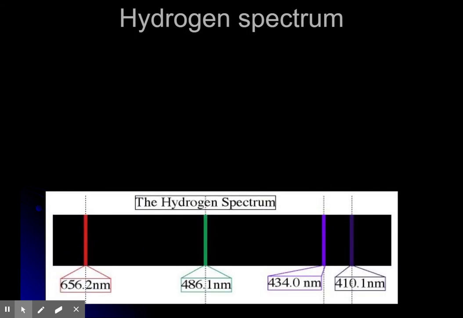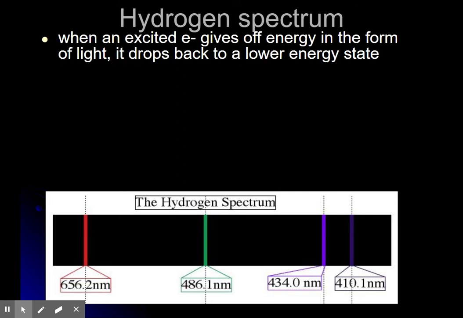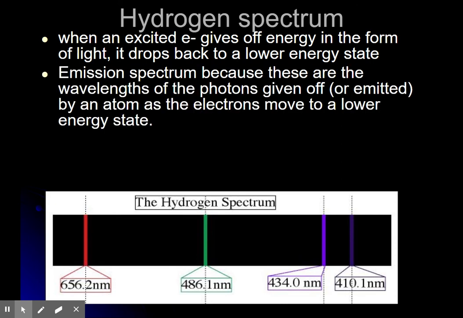Now, this is what hydrogen's spectrum actually looked like. So when Niels Bohr excited hydrogen atoms, this is the spectrum he saw through his spectroscope. So really just 4 lines. And these lines result from when an excited electron gives off energy in the form of light as it goes to a lower energy state. And we can see that energy of light that's being given off.